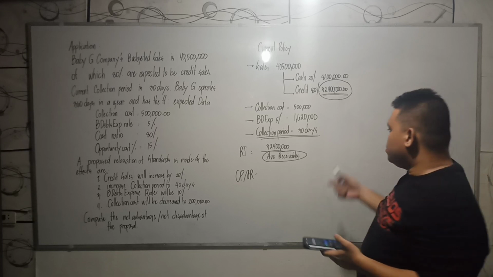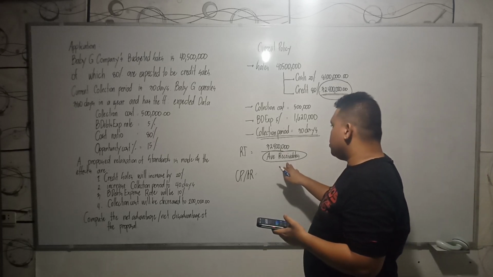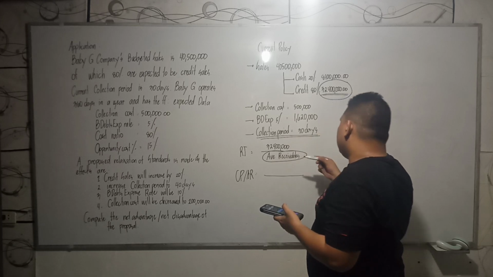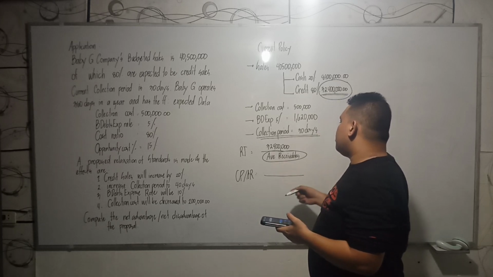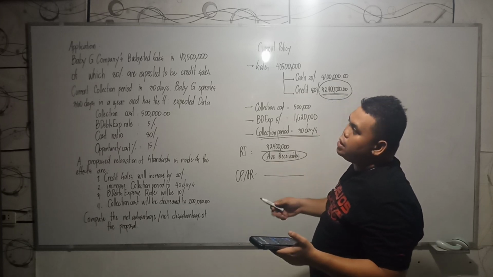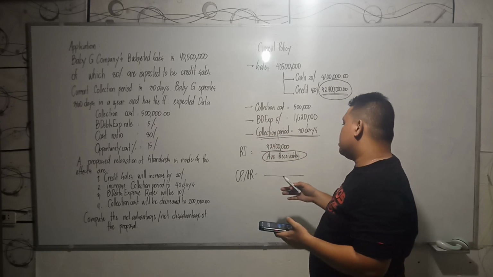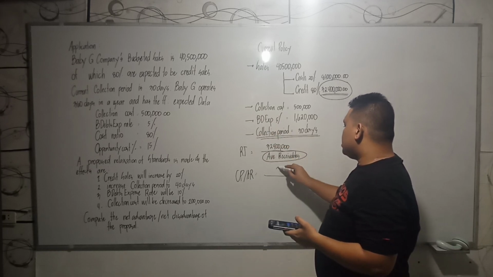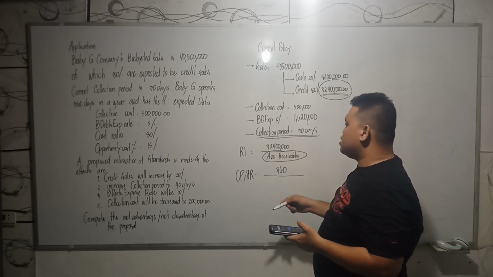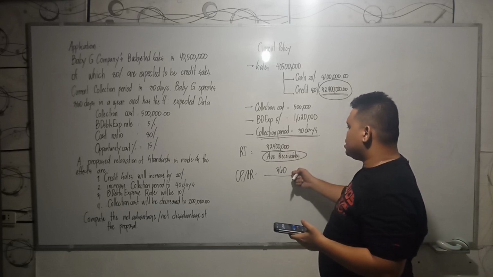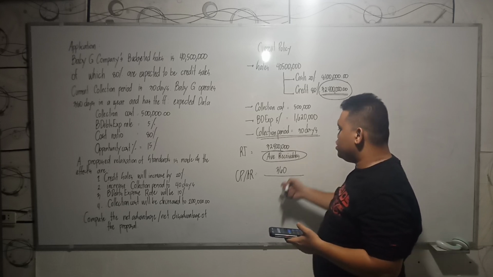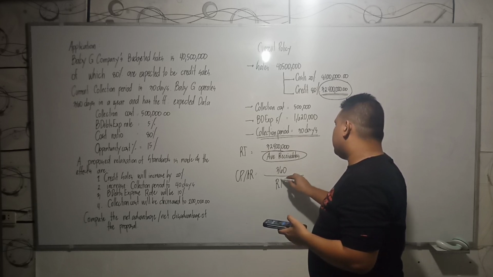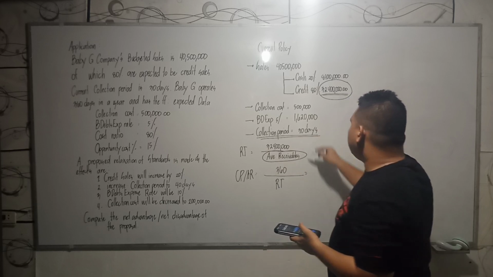So, we need to compute for the receivable turnover and the collection period for the purpose of getting the average receivables most of the time in this particular topic. Now, we have 360 because it's given in the problem, but it can also be 365 in the computation of the collection period, right? And we have the receivable turnover. However, we have already 30 days here.